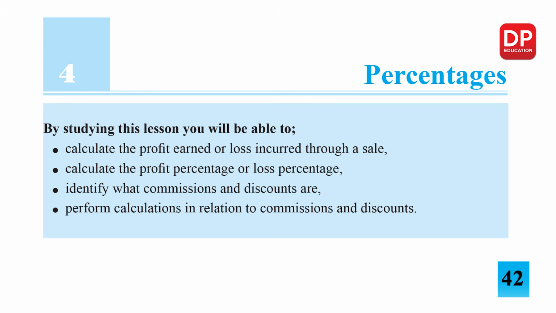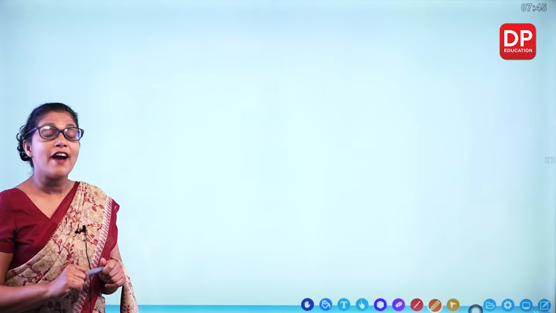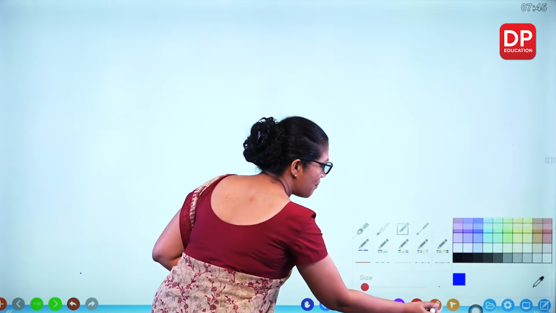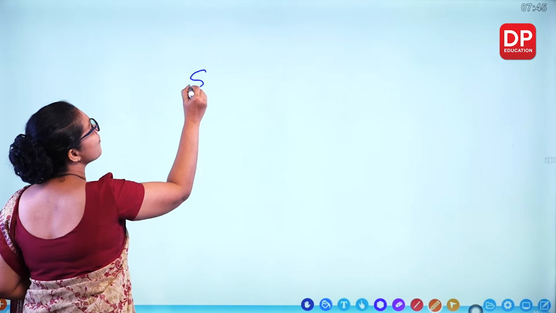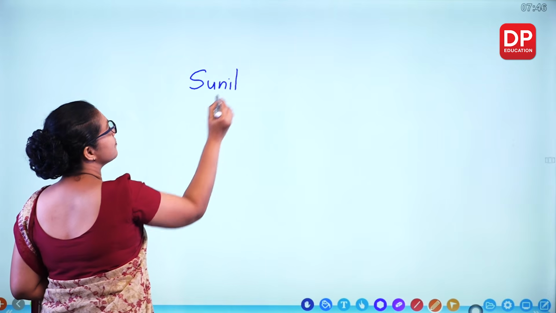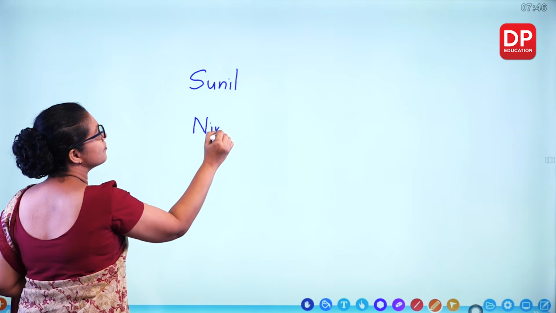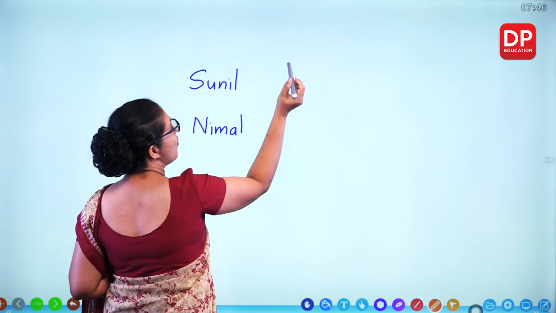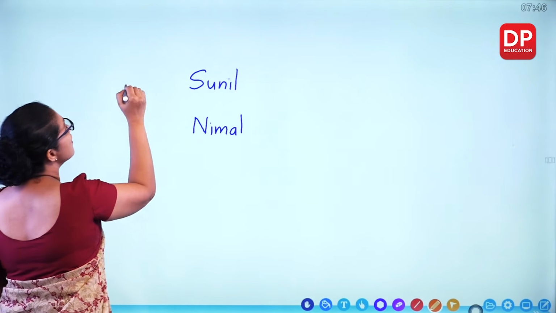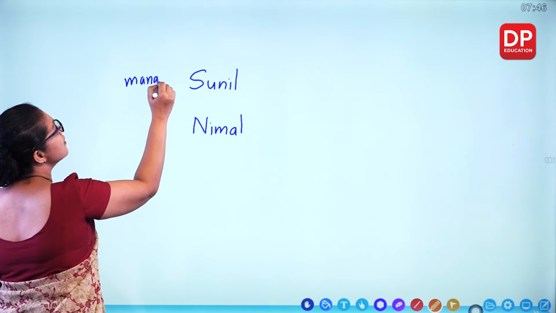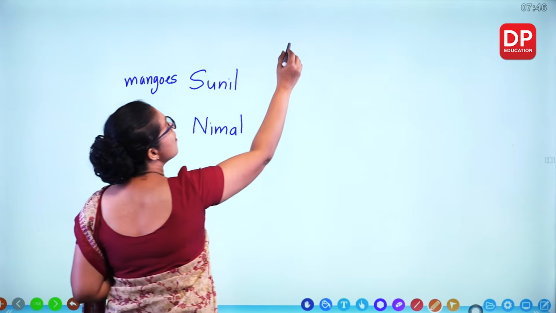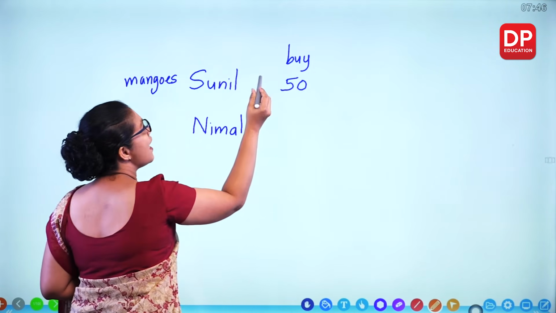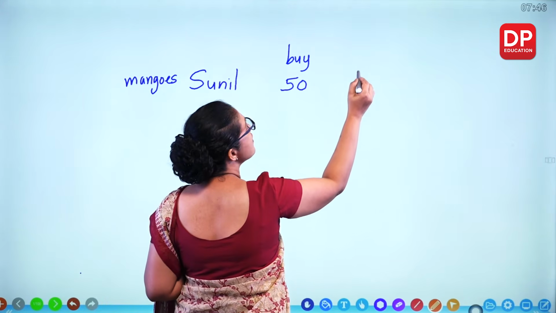So let's take an example. There are two sellers, Sunil and Nimal. Sunil buys mangoes for 50 rupees and sells them for 60 rupees.